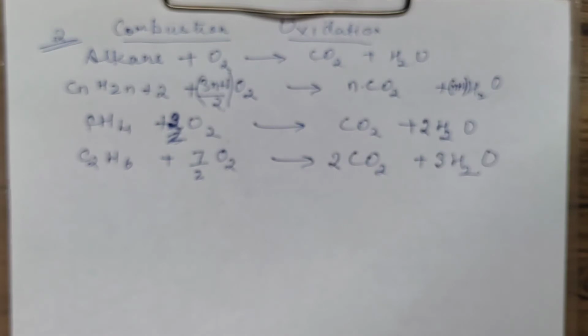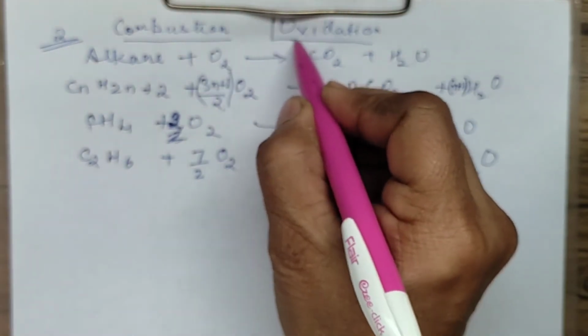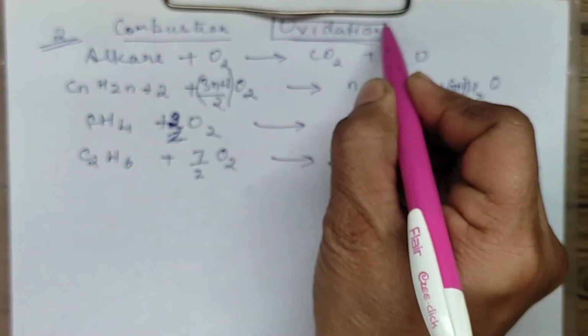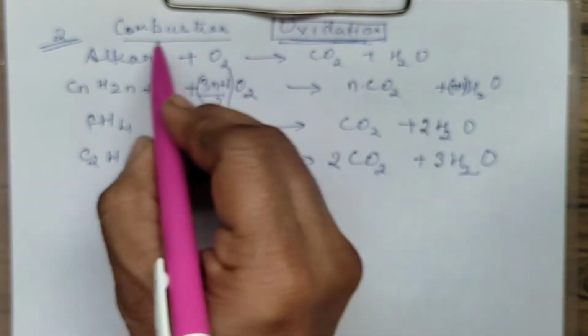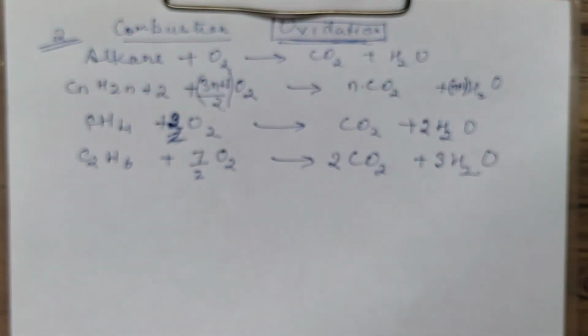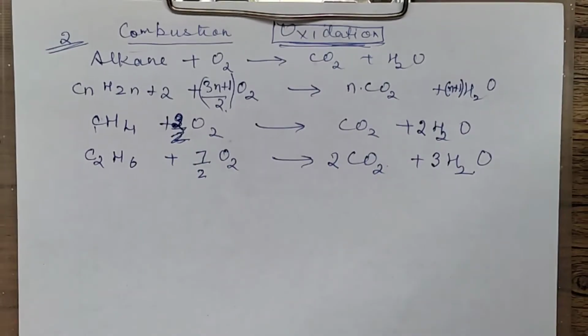This is combustion. We were talking about oxidation reactions, and under oxidation we have done the first category, combustion. Combustion is the burning of the hydrocarbon in the presence of excess oxygen.